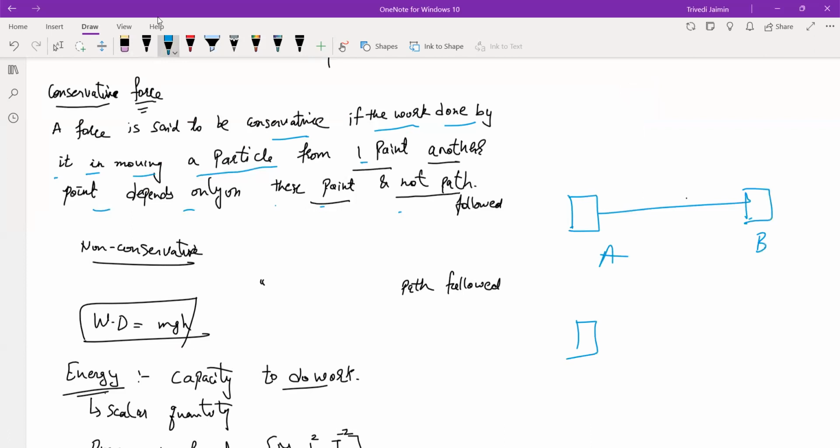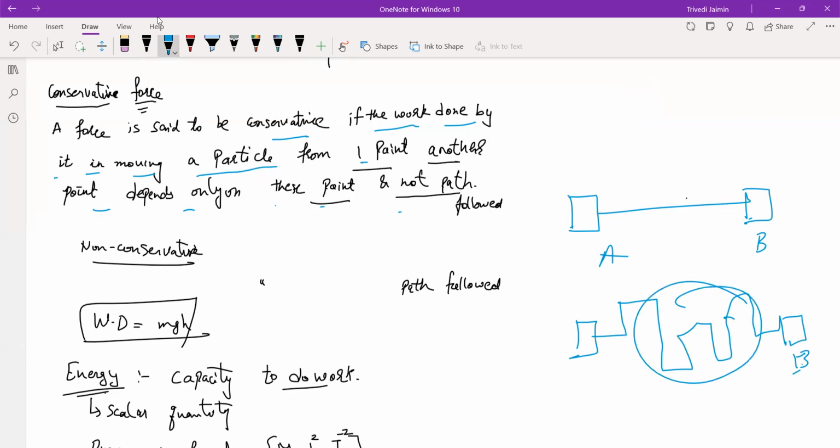It doesn't depend on how we are moving. How we are moving and bringing it at the end, this is point B. It doesn't matter how we are going.